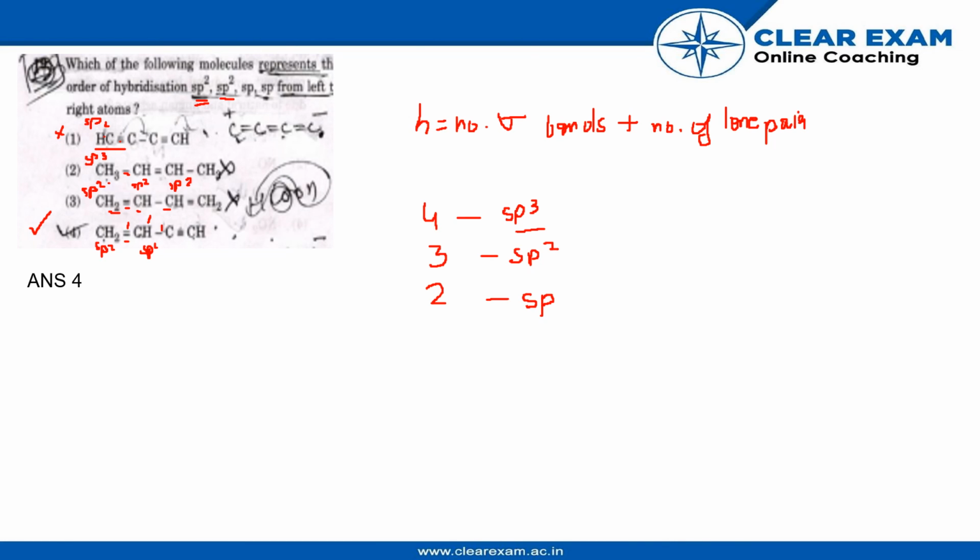And in this third carbon atom, we get one sigma bond from here and one sigma bond from here, so the value of H is 2, so it will form sp. And same as here, it will form one sigma bond here and one with H, so the value of H will be 2, so this is also sp, and this satisfies the question. So option 4 is the answer.